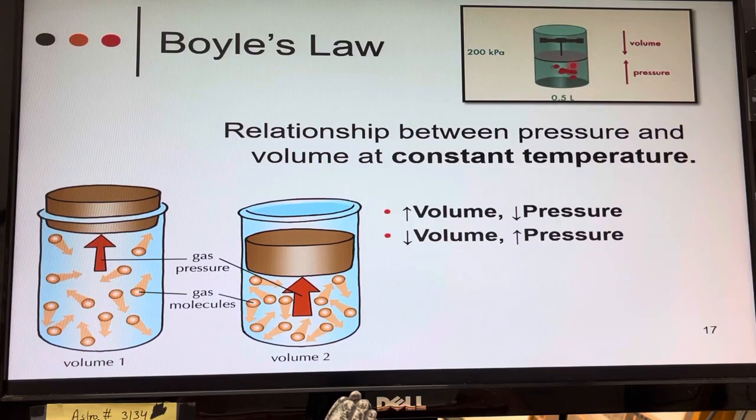So here's the pressure pushing down, and then when the volume goes back up, the pressure also changes. So increased volume, decreased pressure, decreased volume, increased pressure. Squeezing pressure, okay, you're decreasing the volume, you're squeezing it, like when you crush a soda can or a balloon or something like that. You're increasing the pressure. That's the relationship.